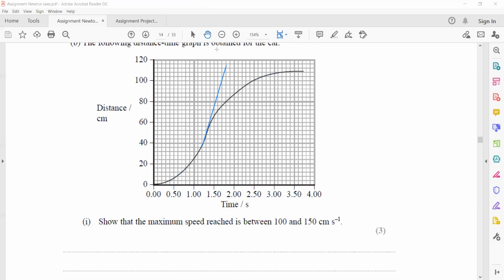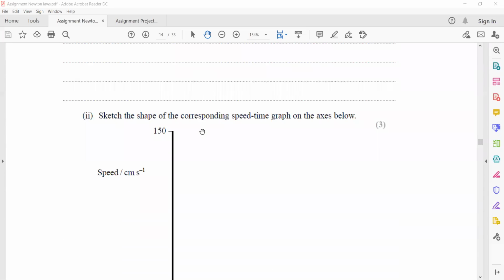So we will use the values of this tangent and use the formula y2 minus y1 over x2 minus x1 and work out the velocity or speed, and that answer should be in the range of 100 to 150. So you have to draw a tangent with a steeper slope. The steeper slope means the maximum velocity or speed is there, and find the gradient. In a distance-time graph, the gradient represents speed.